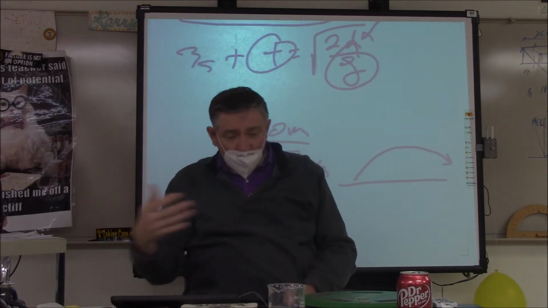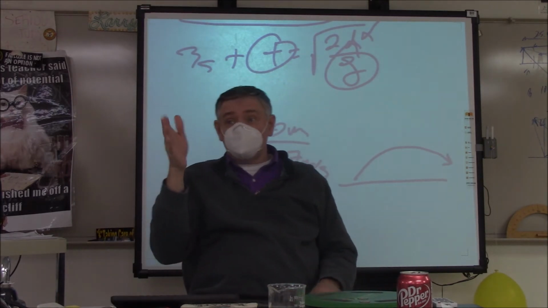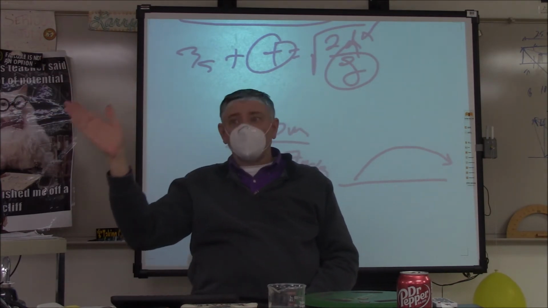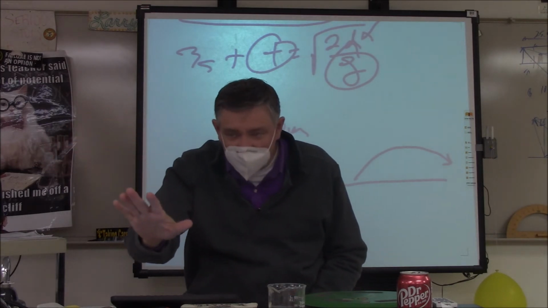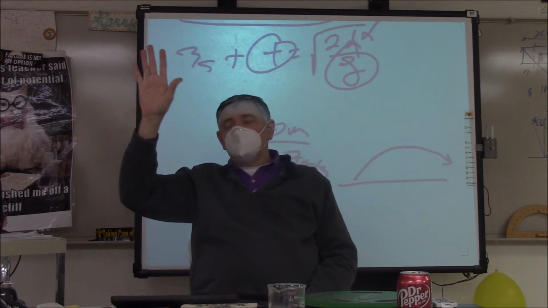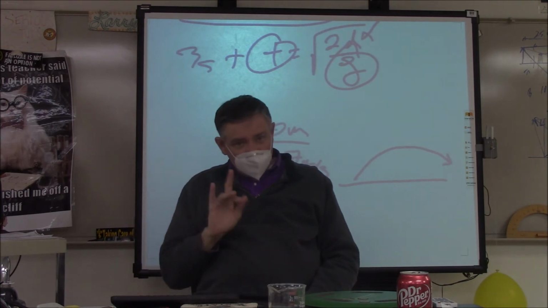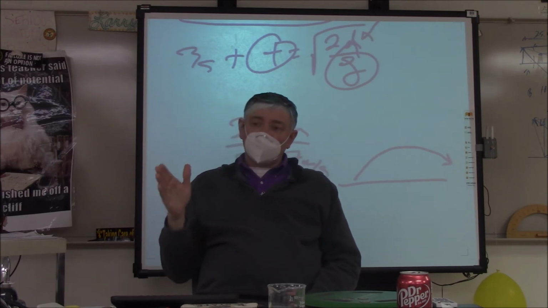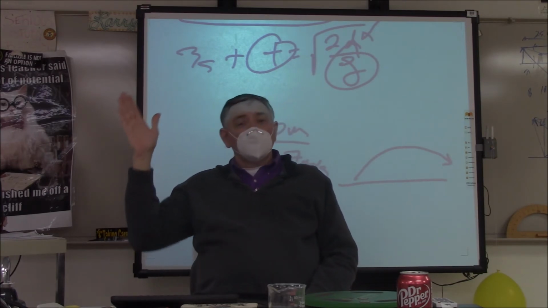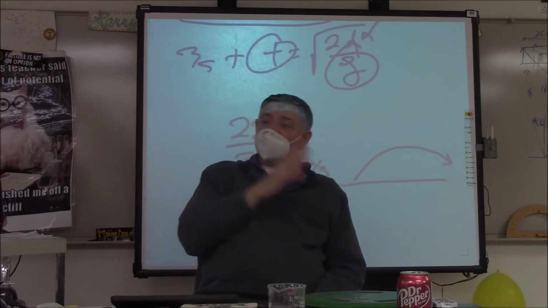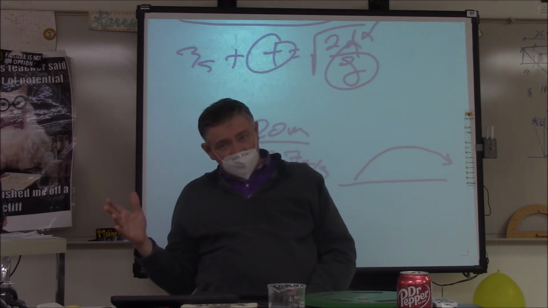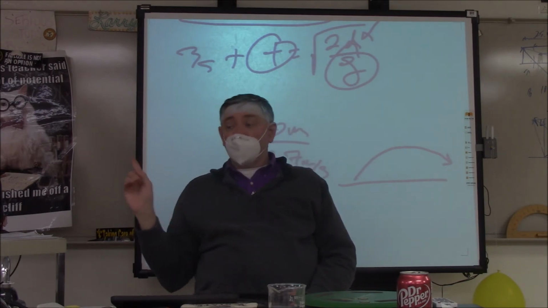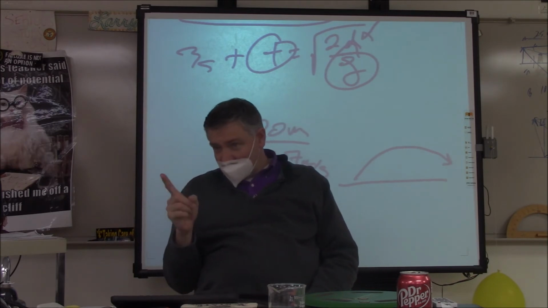So up to this point, your acceleration has always been in terms of changing the magnitude. We're making something speed up, we're making something slow down. That's what we've been dealing with. But now when we're moving in a circle, we're going to be changing the direction of the vector.